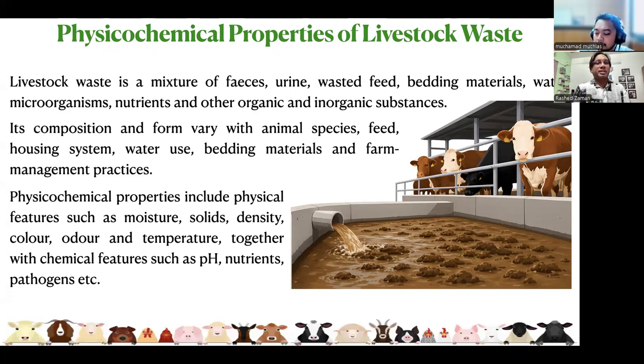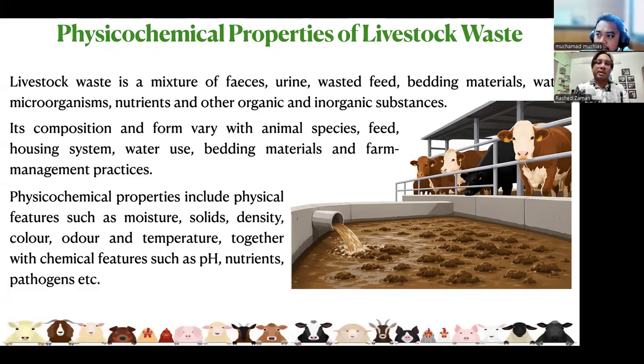And the composition of this waste varies or depends on the animal species, what types of animals we are rearing, their feed material, housing system, as well as the farm management practices.